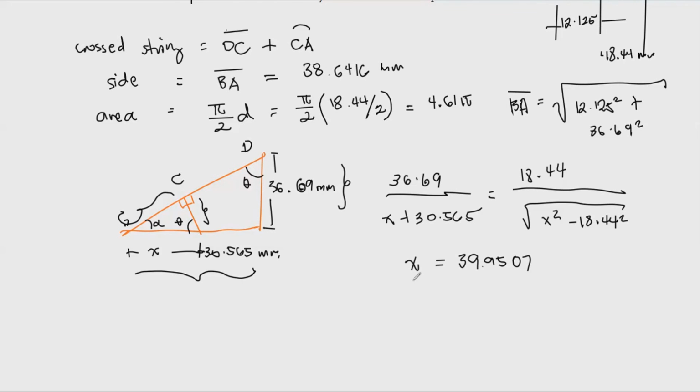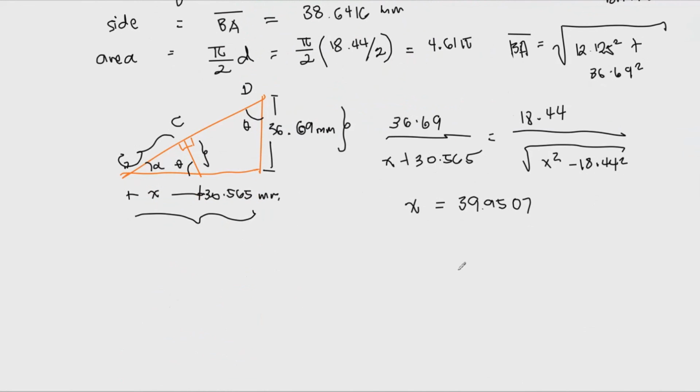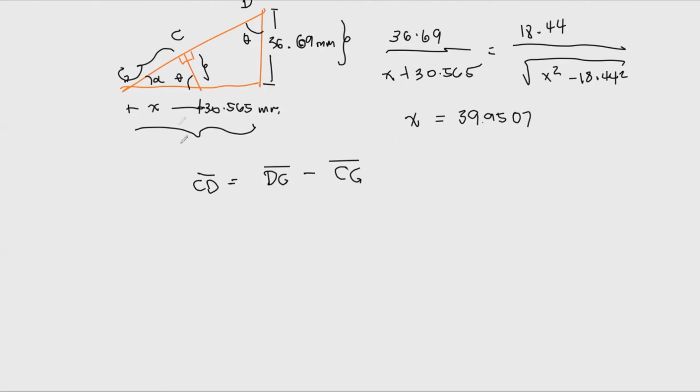So this is the value of our x, and to be able to find CD, which is the thing that we need here, we just need to find this DG, which is the hypotenuse of the bigger triangle, and subtract this CG from that. So the hypotenuse, we'll be using this x to find the hypotenuse.